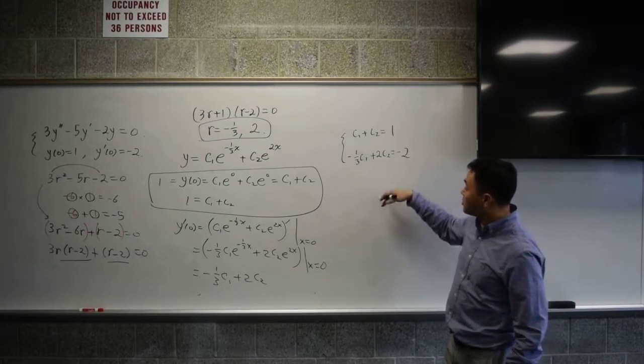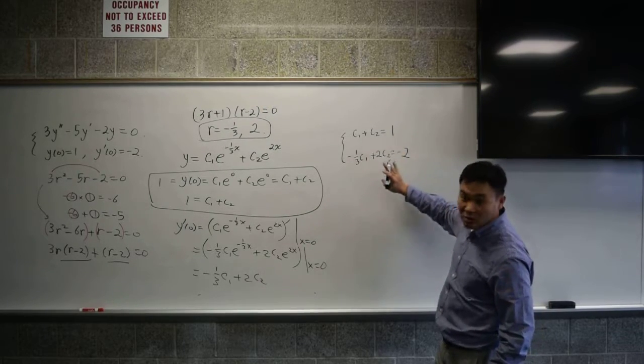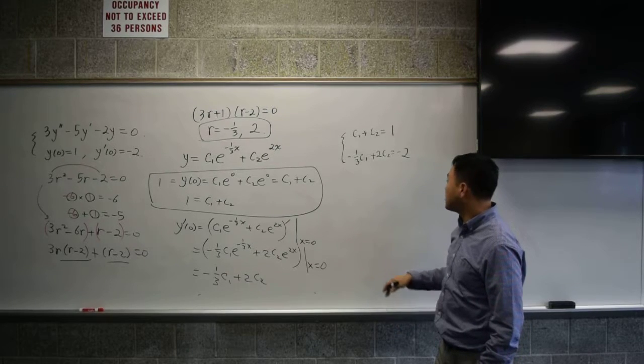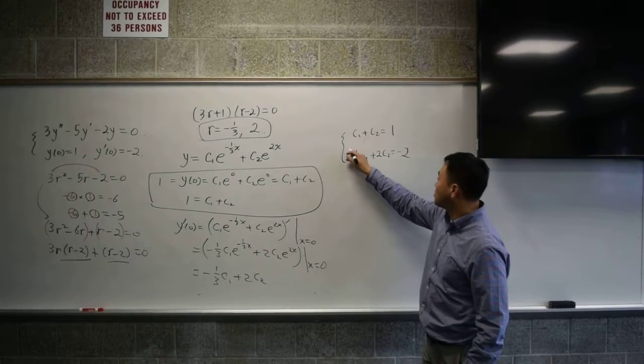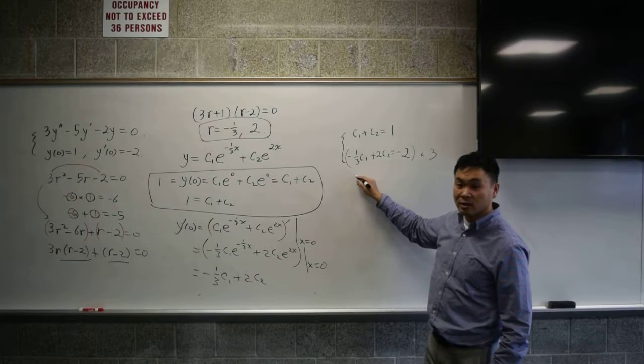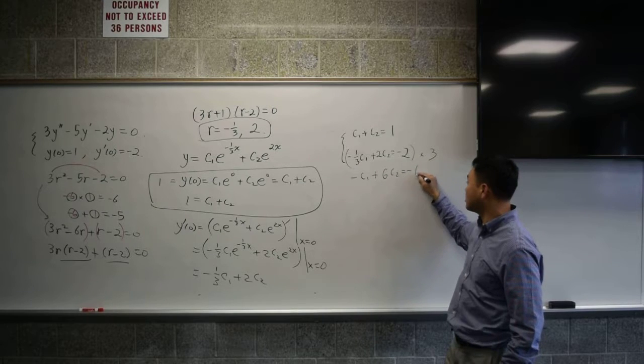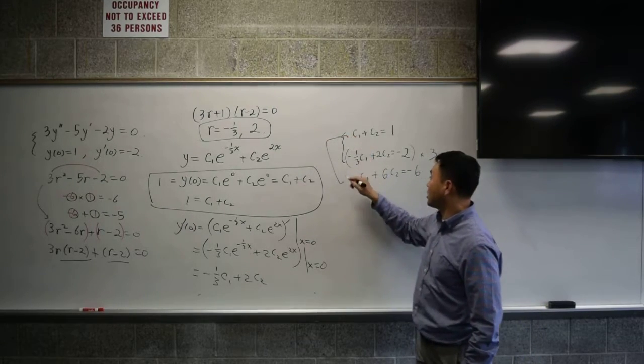How do you solve a system? Well, there are many ways. One way is to solve for C1 or C2 and plug it into the next one. A slightly faster one is to multiply this by 3, so that gives you negative C1 plus 6C2 equals negative 6. And then these two get added up.